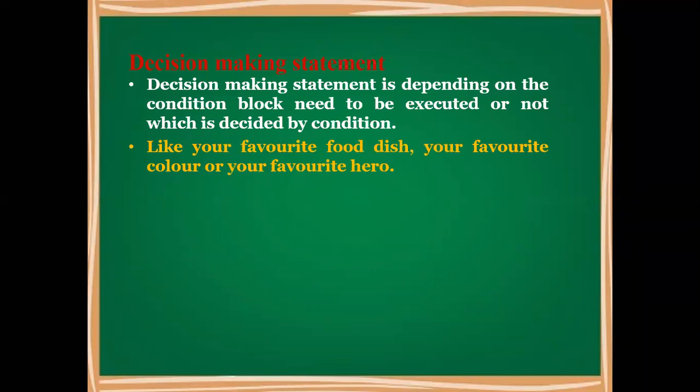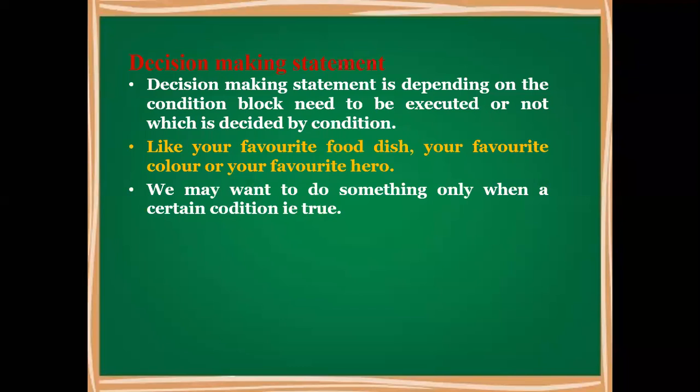For example, your favorite food dish, your favorite color or your favorite hero depends on each individual's conditions, whatever they are thinking. We may want to do something only when a certain condition is true, because the situation might be different, or the users for whom we are making the software may ask for something different than the previous user.